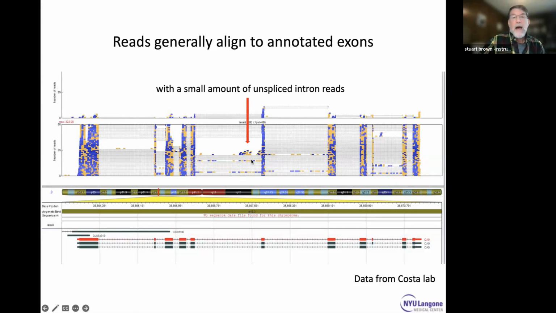And that is probably unspliced RNA. Either it's alternatively transcribed, or we've captured some RNA before the splicing has completed, or there's some other form of read through on the transcript.